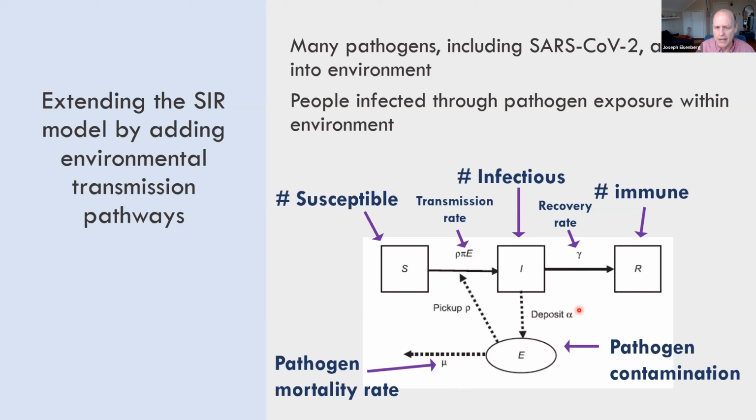Again, individuals deposit and shed pathogens into the environment, and they pick up pathogens from the environment. So this provides a framework for us to think explicitly about the environmental interventions that we are interested in with respect to respiratory pathogens.